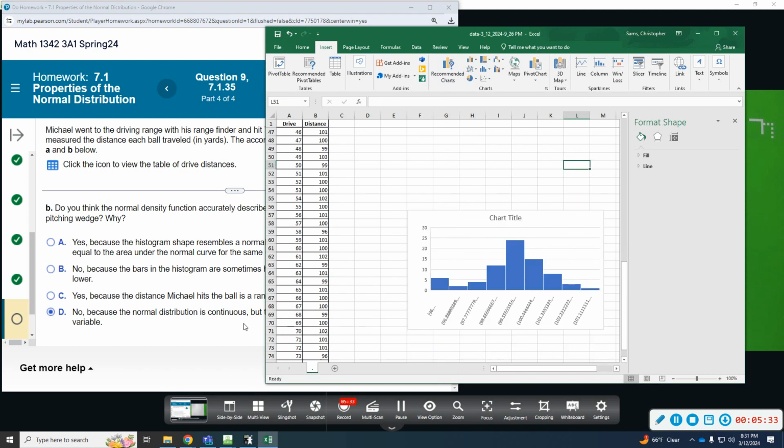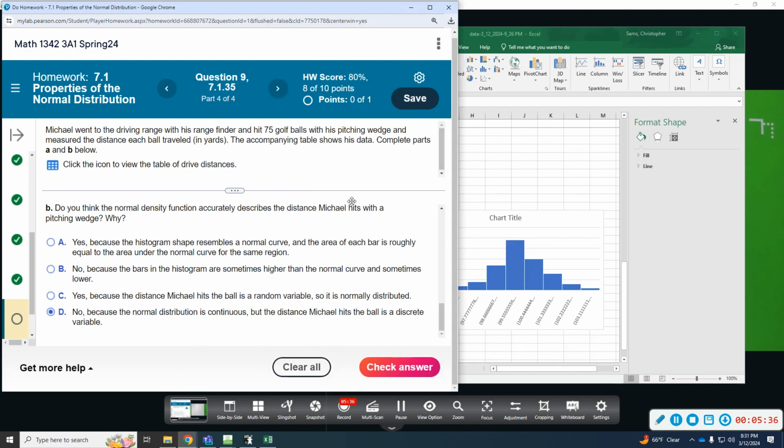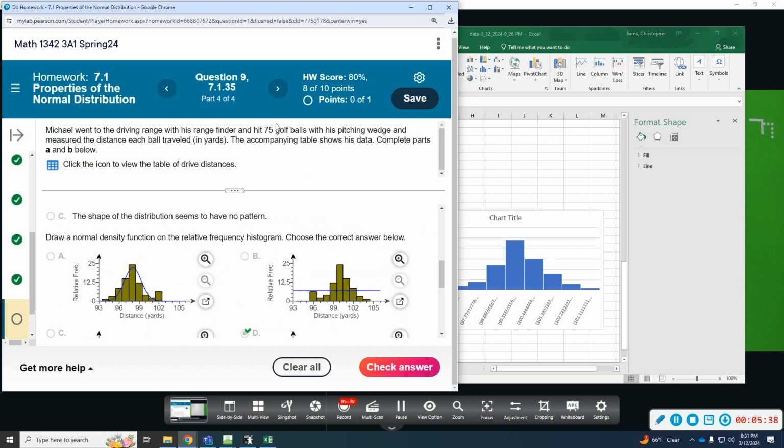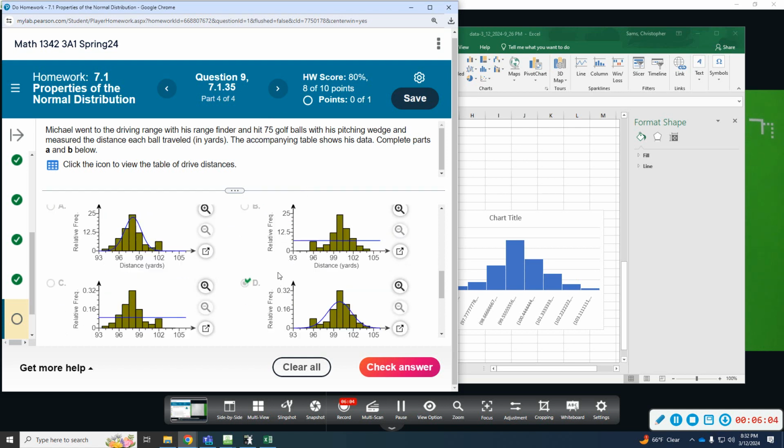But one of the things we hadn't talked about yet is that when you go up above 30, in the past textbooks, when you do an experiment 30 times or more, generally, we're going to say that the pattern is going to be roughly normal. That's kind of like a threshold to be able to use the normal distribution. So since this is above 30 attempts or 30 repetitions, this can be roughly normal.